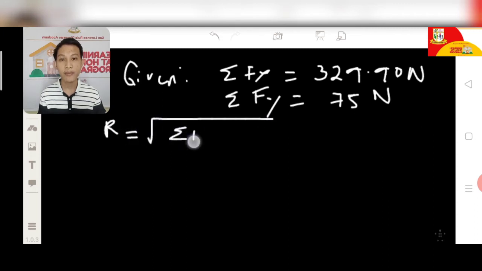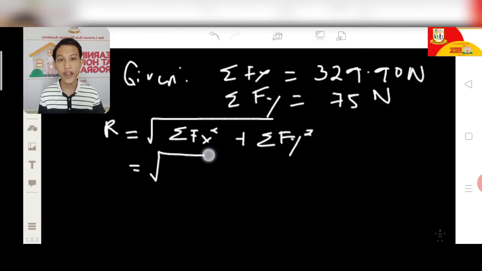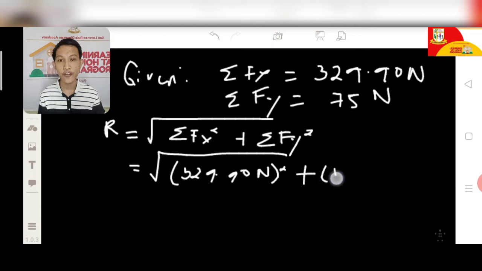We have summation of F_x squared plus summation of F_y squared, and we will get their square root. The summation of F_x squared is equal to 329.9 newtons squared. And for summation of F_y, we have 75 newtons squared.